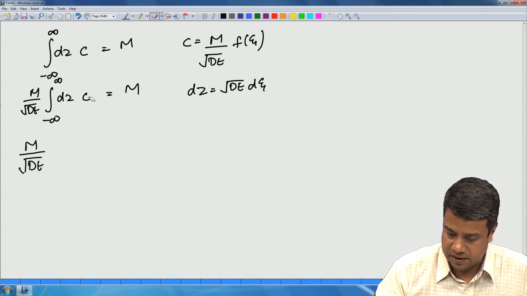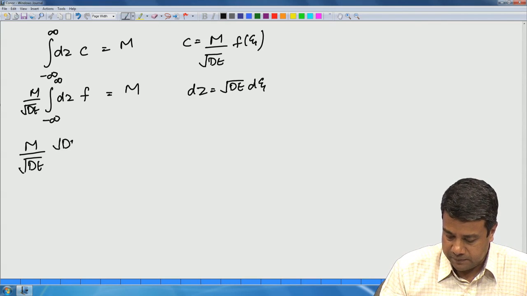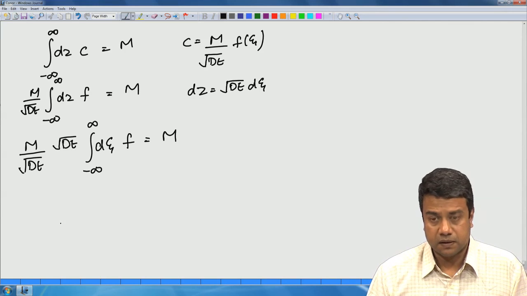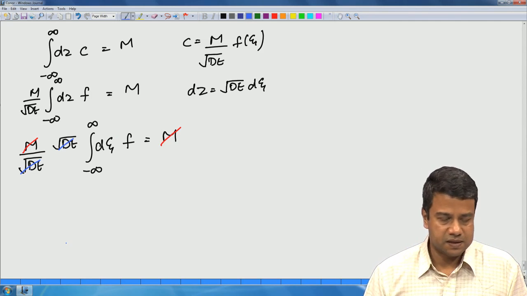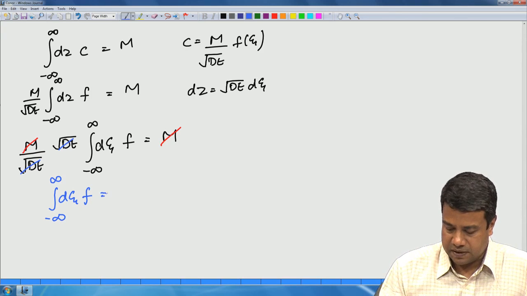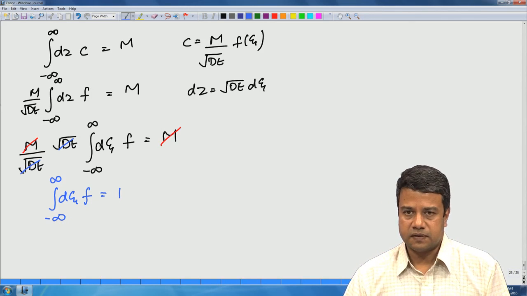I am sorry, there should be f over here, times root dt integral minus infinity to infinity d psi times f is equal to m. And you can see that the m cancels out on both sides and root dt cancels out, and this condition basically states that this function has to be normalized. Integral minus infinity to infinity d psi f is equal to 1. And that determines the function b.